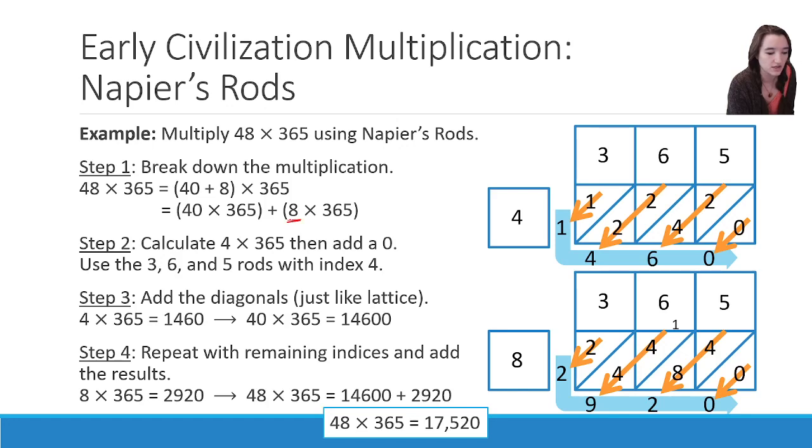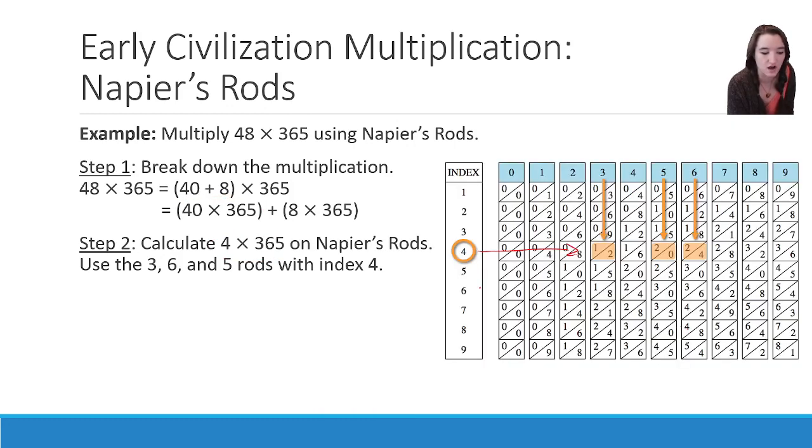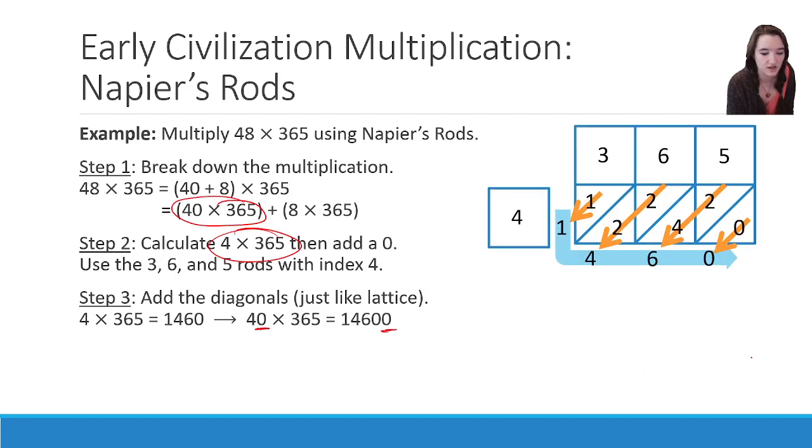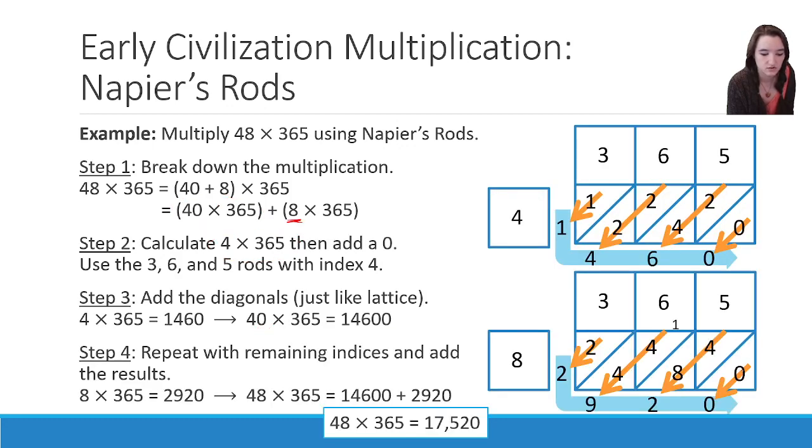So in other words, now we need the 8 from 8 times 365. So 8 times 365 equals, we bring out the rods for this. Again, going back to the columns, we look at 8 and we look at the 3, the 6 and the 5, bring those together, and we get our diagonals as 0, 12, carrying the 1, 9, 2, so we get 2920.